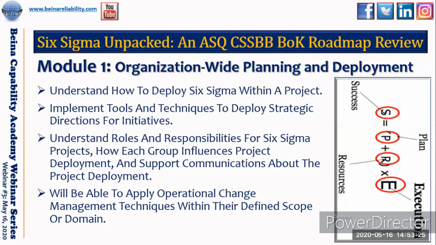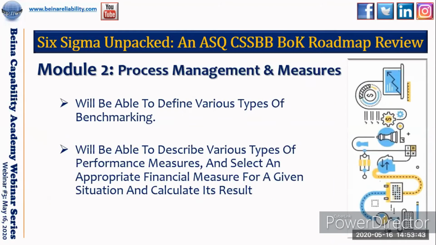So this is the competency that is tested in this module. And there's a little bit of understanding Lean history and Six Sigma history. If you are able to display this competency, you would not have a problem with this module when writing a Six Sigma Black Belt certification.